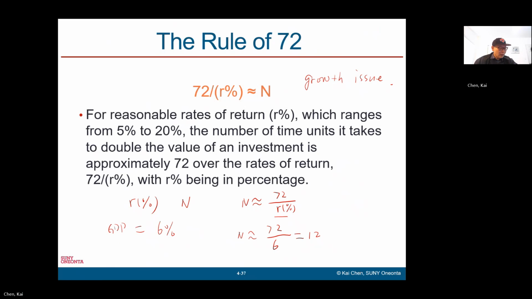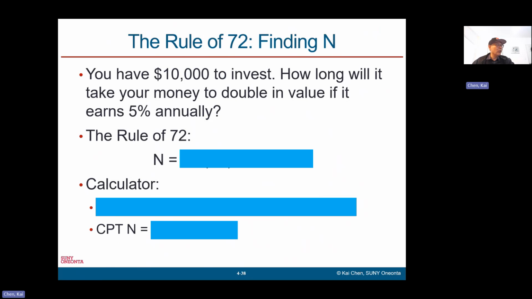Of course, we are learning finance. We want to know how to use this in finance. Now let's look at an example. You have $10,000 to invest. How long will it take your money to double in value if it earns 5% annually?